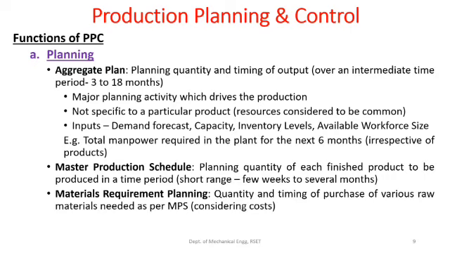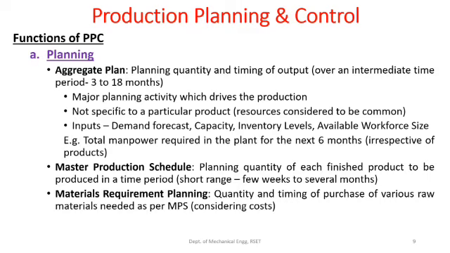An example for an aggregate plan is the total manpower required in the plant for the next 6 months, and it is irrespective of the products. So if a company makes, say, 3 products A, B and C, the total manpower required to make a particular amount of products during the next 6 months, that is an example for an aggregate plan.